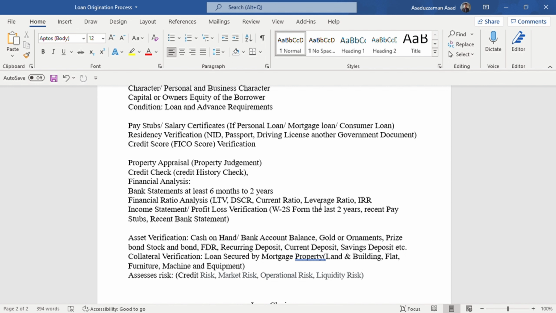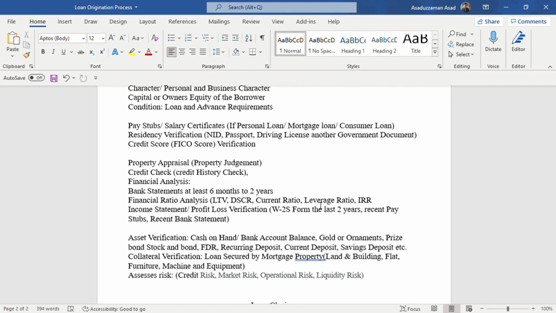collateral verification is also very important, because if the asset condition is not well enough, the loan will be at very high risk in the course of time.